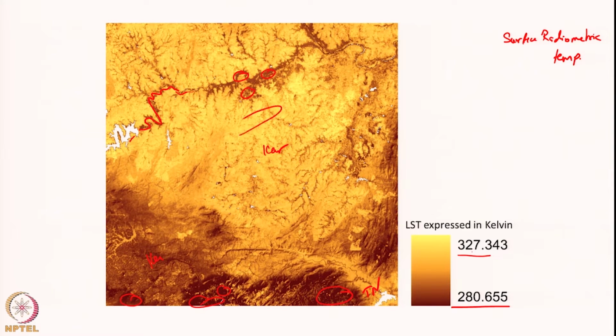Look at the central patch, these are mostly agriculture dominated areas, but at the time of this image acquisition they were more or less bare or fallow land, and hence not much vegetation is present, that is why they have a higher temperature.